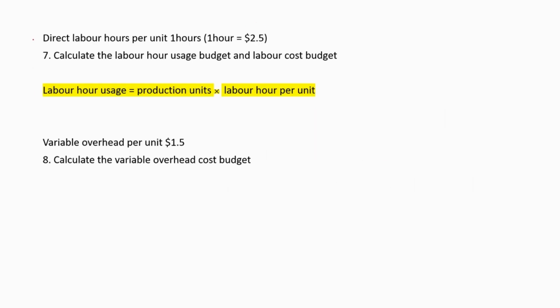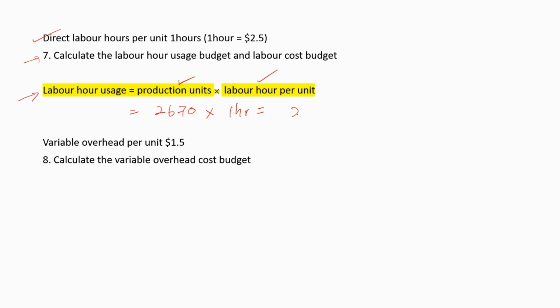And they have given the direct labor hours per unit is 1 hour, and 1 hour will cost $2.5. So calculate the labor hour usage budget and labor cost budget. This is really simple. Labor hour usage is equal to production units multiplied by the labor hour per unit. So the company is going to produce 2670 units, and direct labor hour per unit is equal to 1 hour.